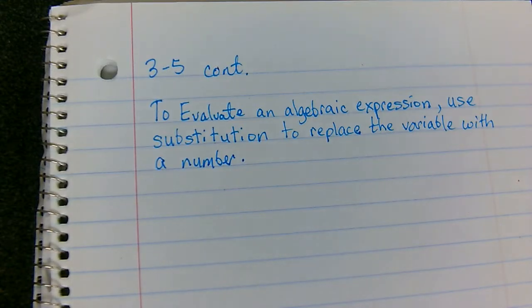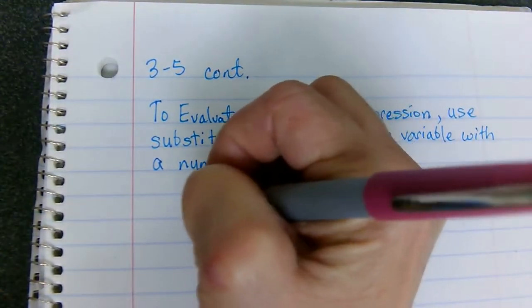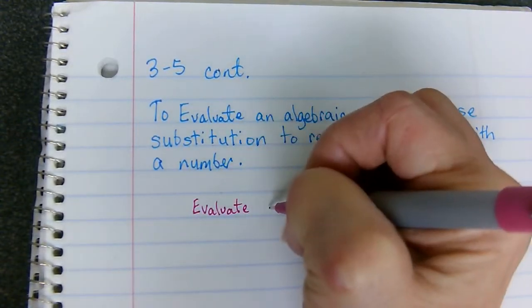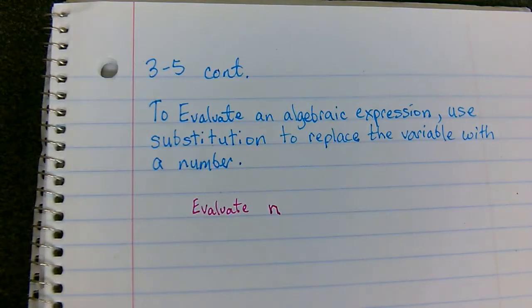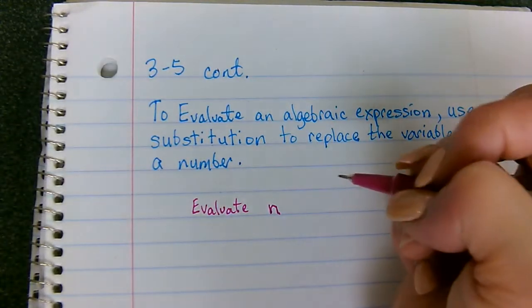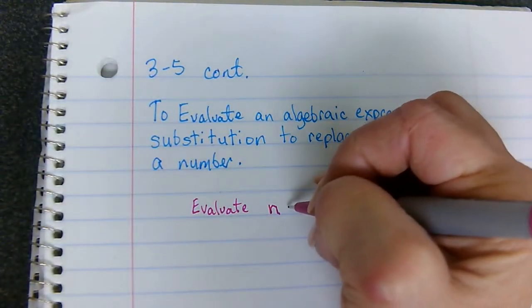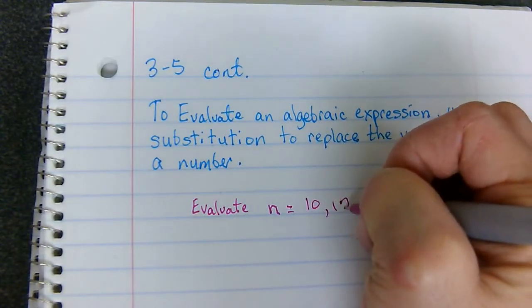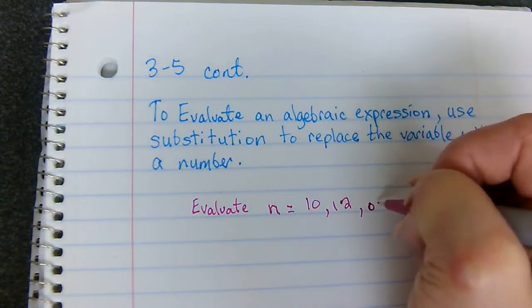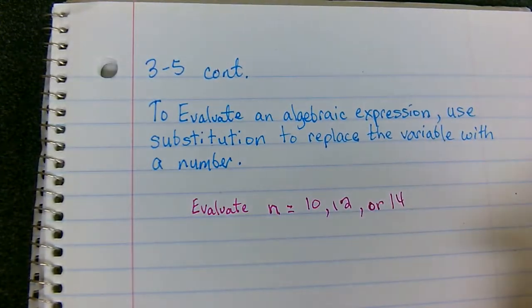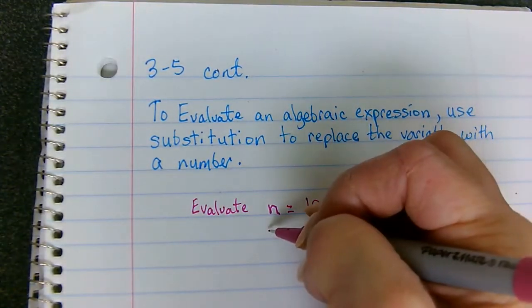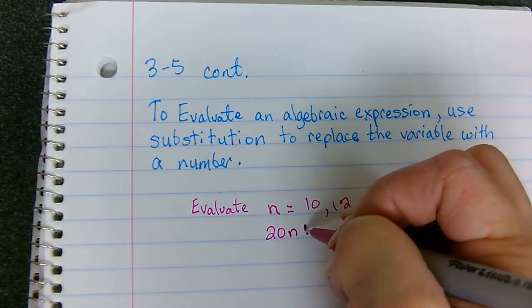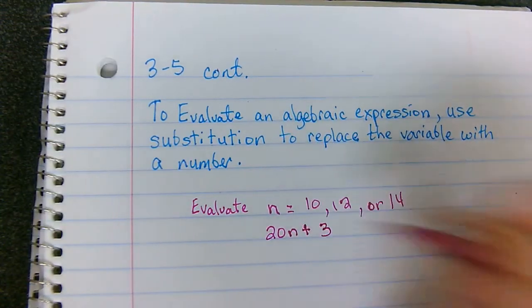So we're going to do it like this first. Evaluate the variable n, equal to 10, 12, or 14 using this expression, 20n plus 3.